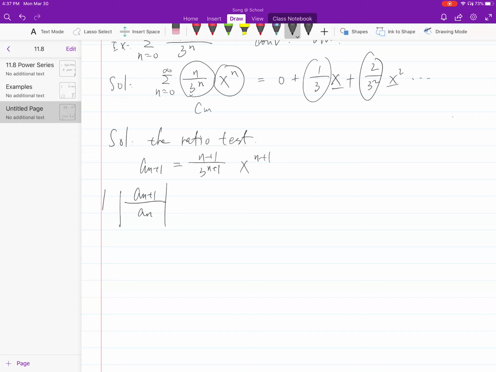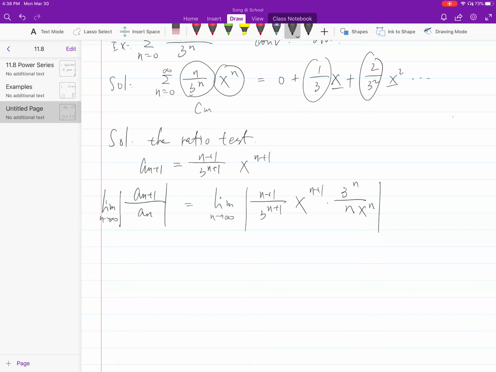That's what we do with the ratio test. We let n go to infinity. This is going to be the limit as n goes to infinity of n plus 1 over 3 to the n plus 1, x to the n plus 1, divided by n over 3 to the n, x to the n.